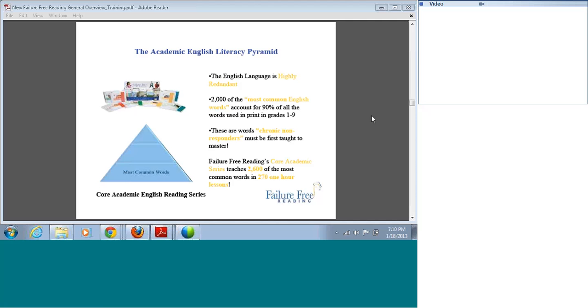From the scripted lesson, the students will go on to the computer lessons. This is online instruction that very much mirrors what has taken place in the scripted lesson with the teacher. There's going to be the introduction to vocabulary. There's going to be the modeling of reading of the passages.